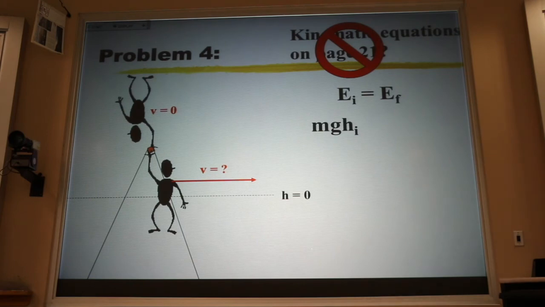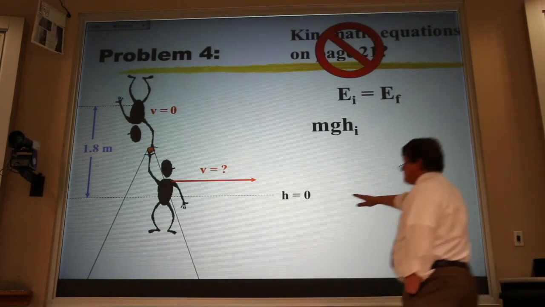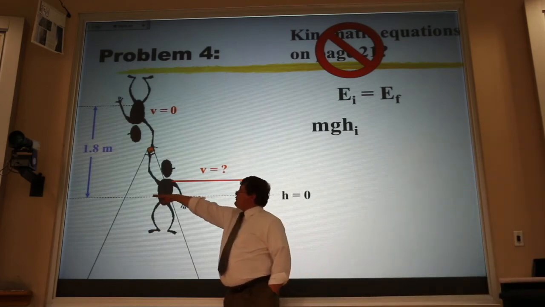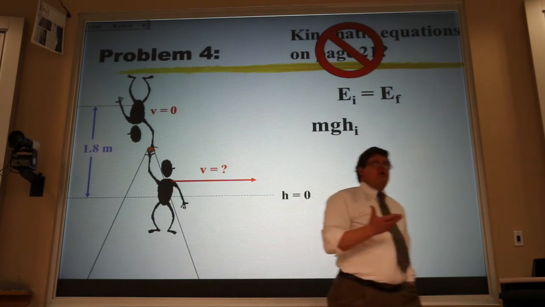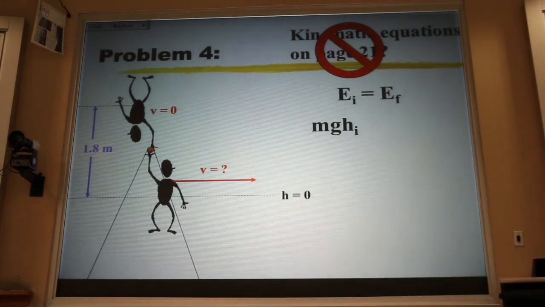And that means his initial position for his center of mass, his belly button, is 1.8 meters above our zero. Now, when he gets down here, because of my choice of zero height, he has no potential energy there. He has only kinetic energy.